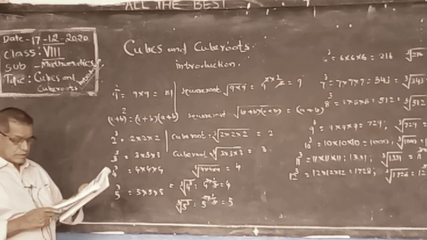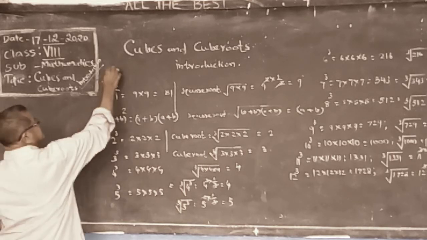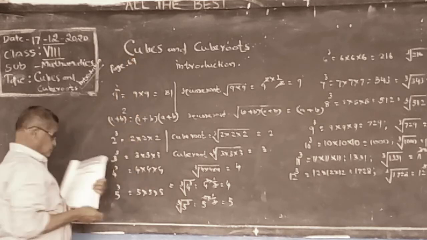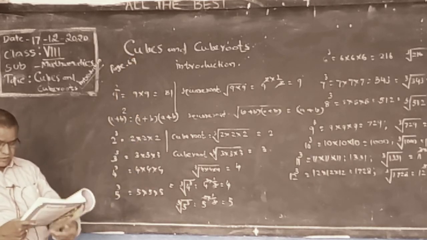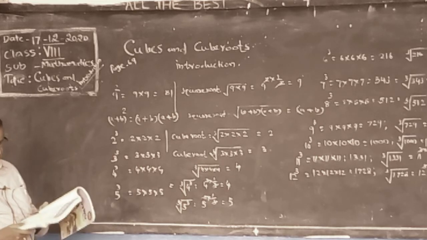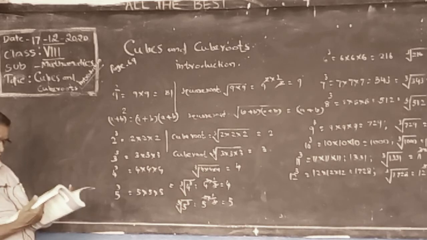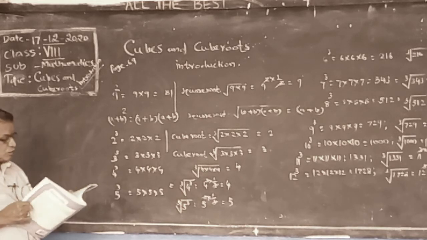So in page number 69, he has given up to 20 numbers. You write the cubes, and I also introduce how to find cube roots.